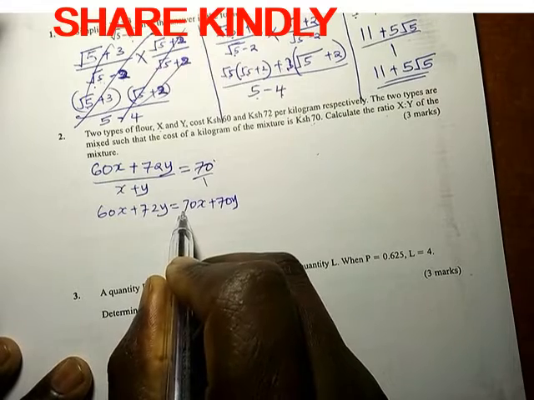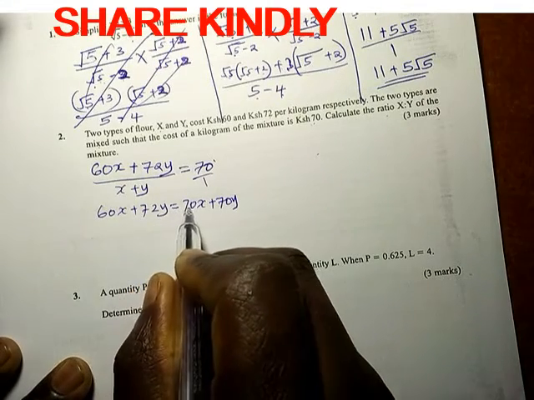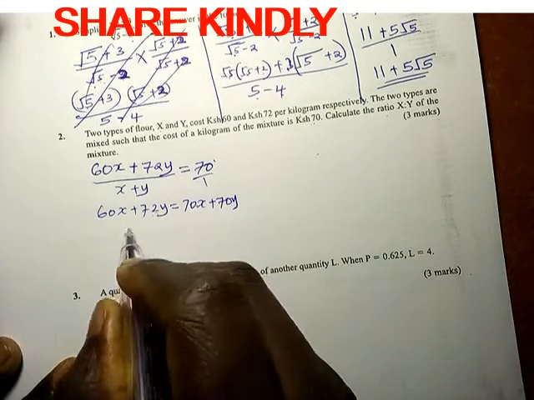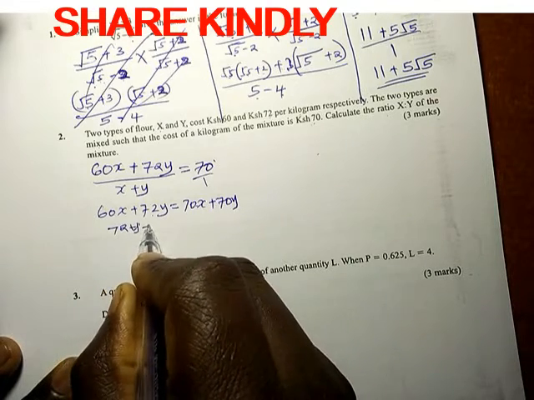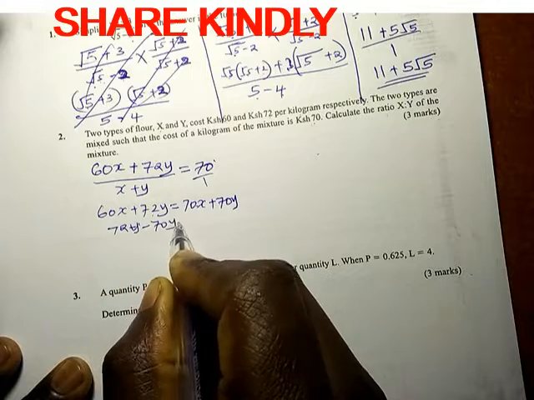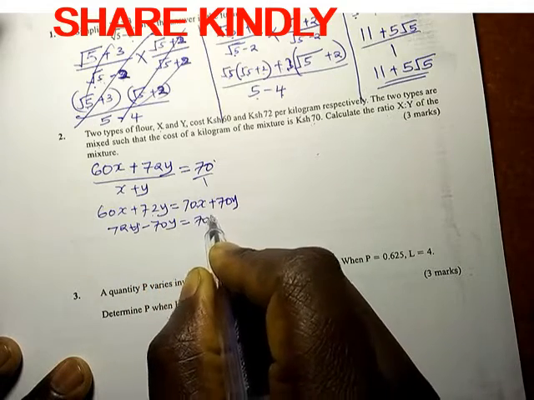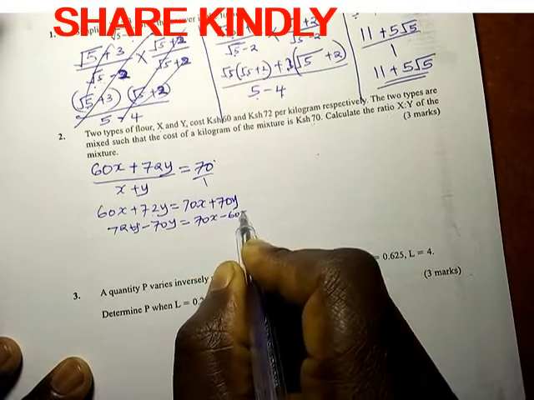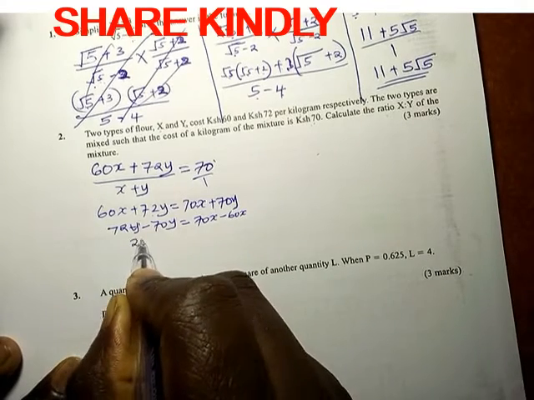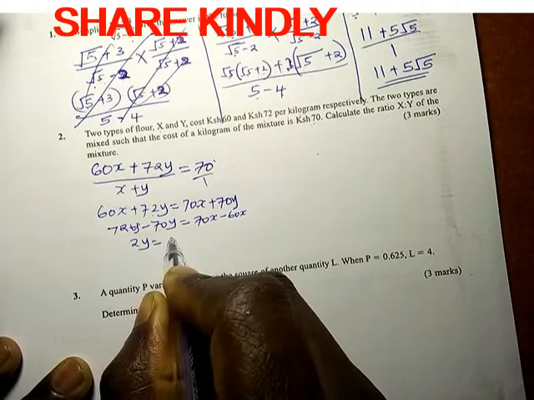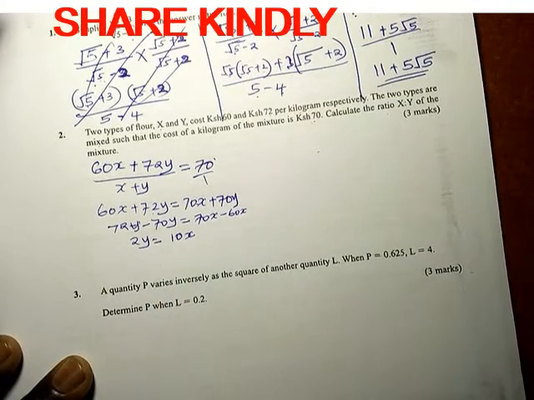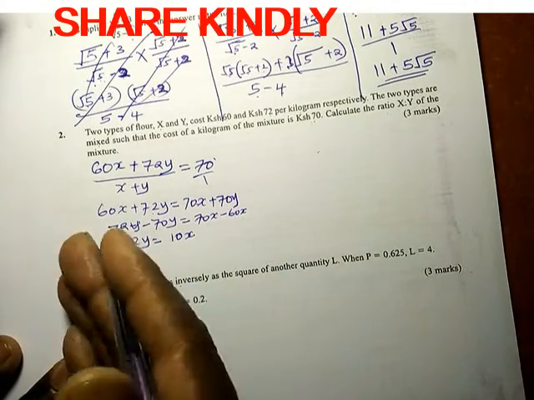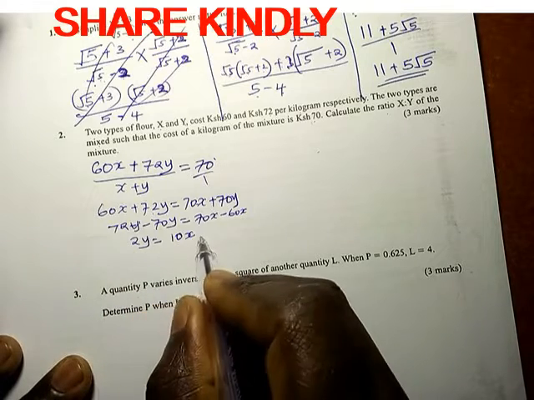So like terms together, we will have 72y minus 70y equal to 70x minus 60x. So we'll have 2y equal to 10x. So let us remain with the y on the left side and the x on the right.